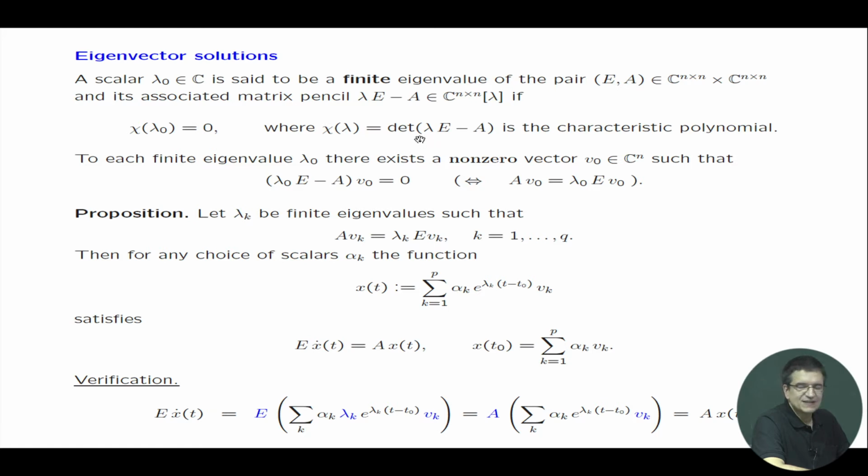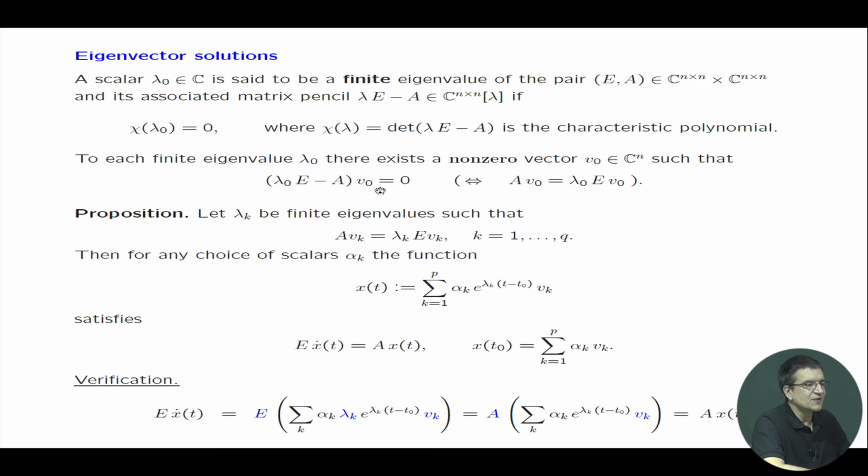What does it mean that lambda 0 is a zero of the characteristic polynomial? That means that this matrix here is a singular matrix, so it has a non-trivial kernel. That means there is at least one non-zero vector which satisfies this identity.